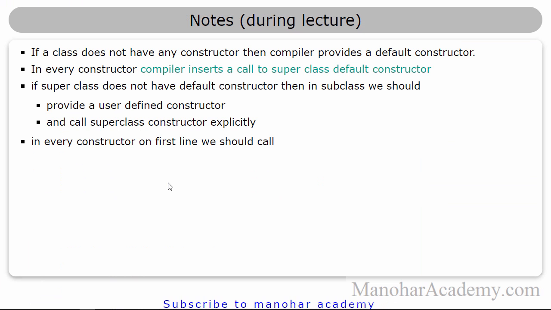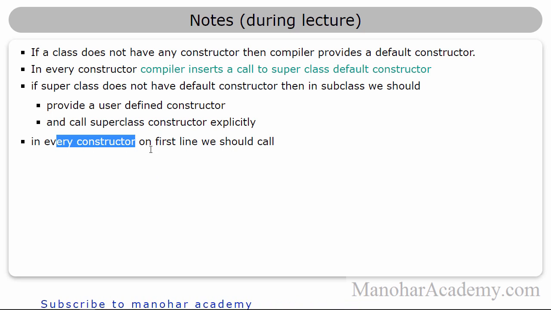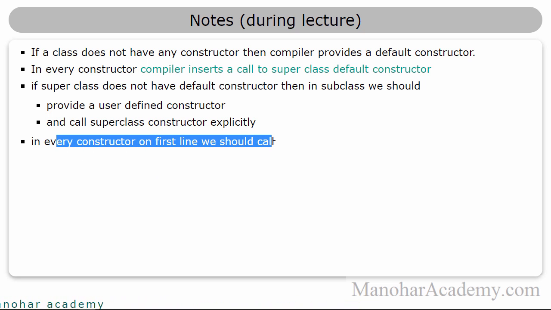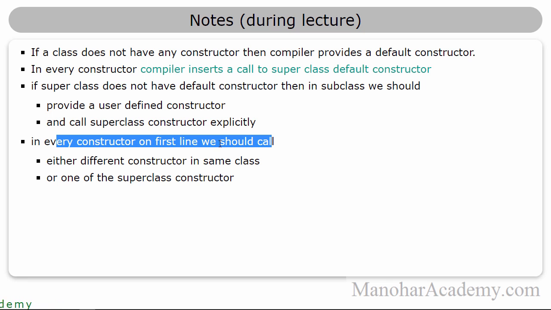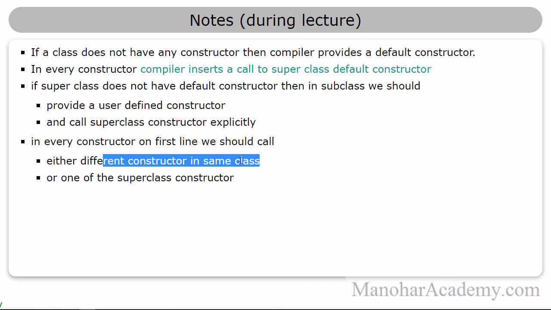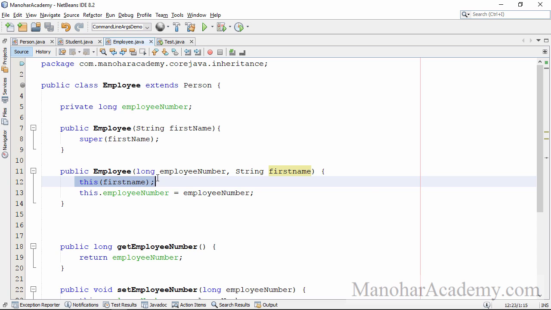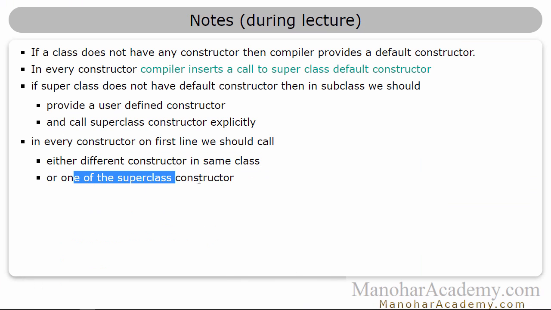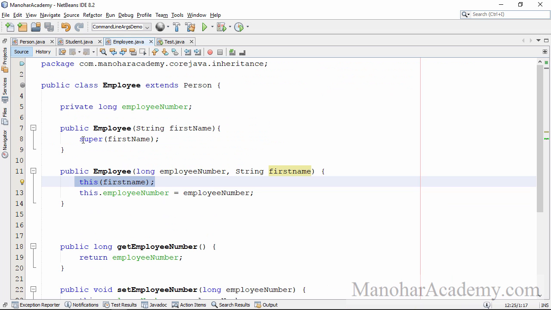Now let me show that as notes. In every constructor, on the first line, we should call either a different constructor in the same class, as you can see here, or one of the superclass constructors, as you can see here.